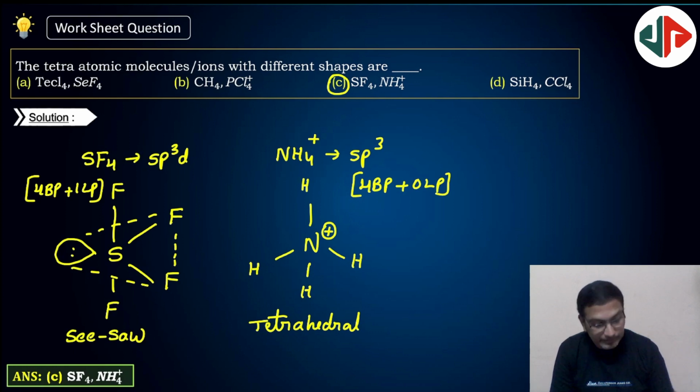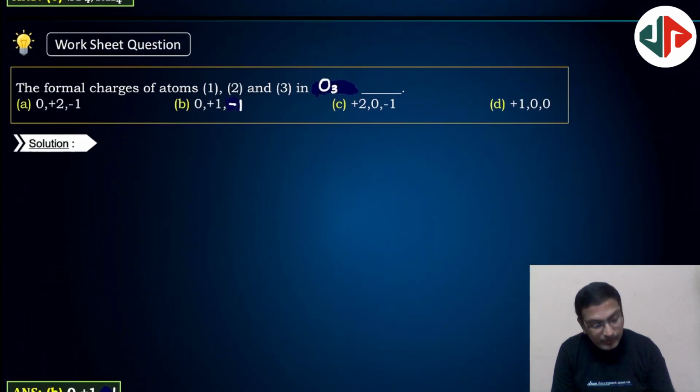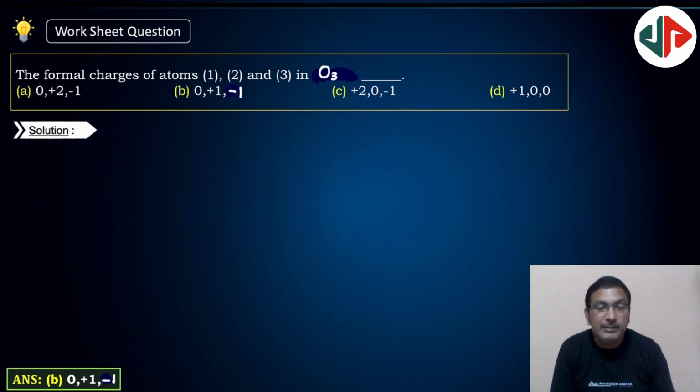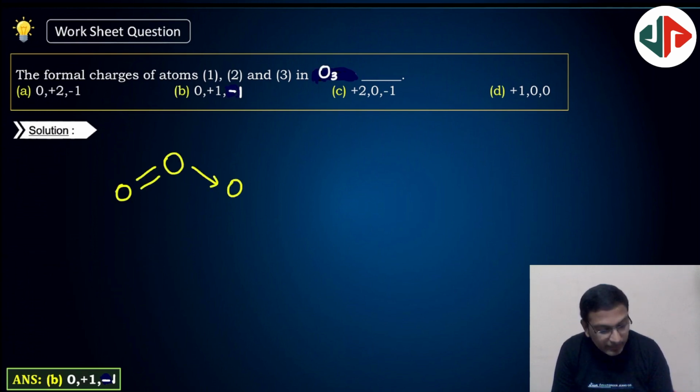Next question. Formal charge concept. Formal charge of atoms 1, 2, 3 in O3. I will use the structure. The structure will be like this. Here 3 pairs and here 2 pairs.